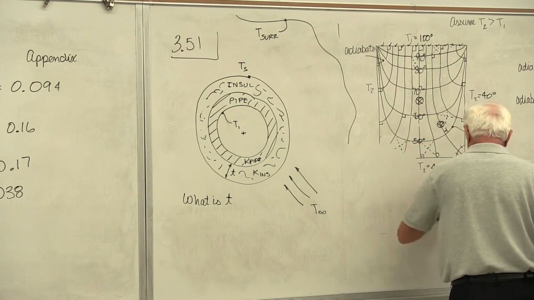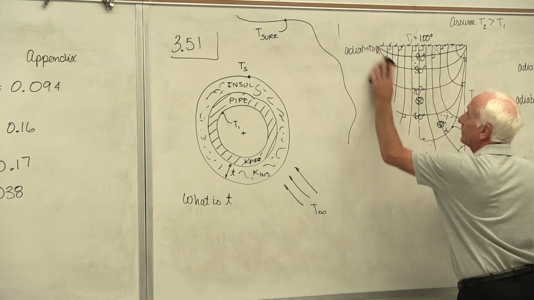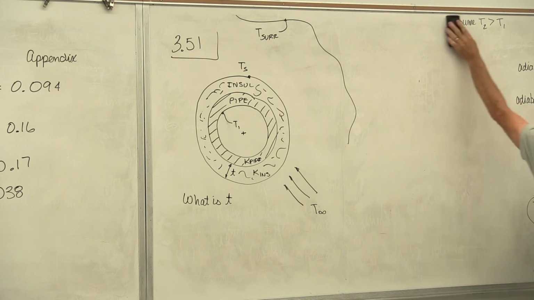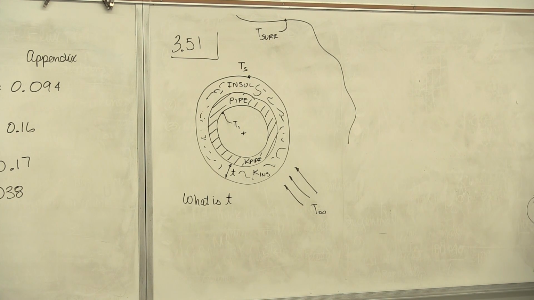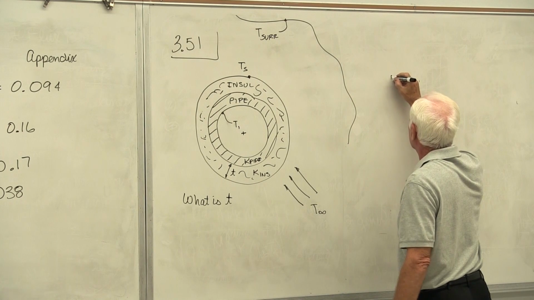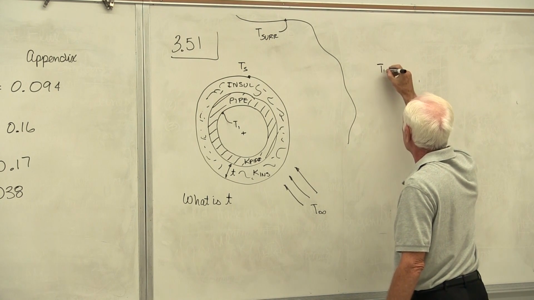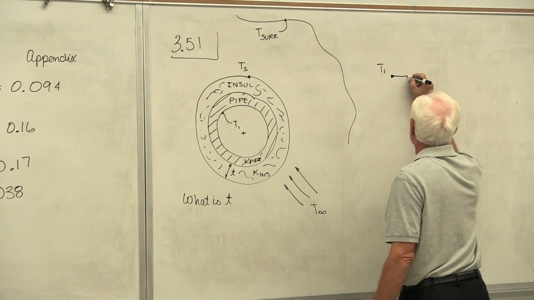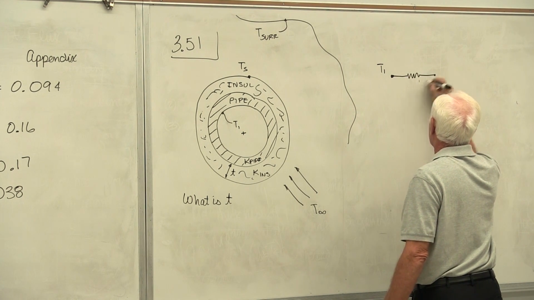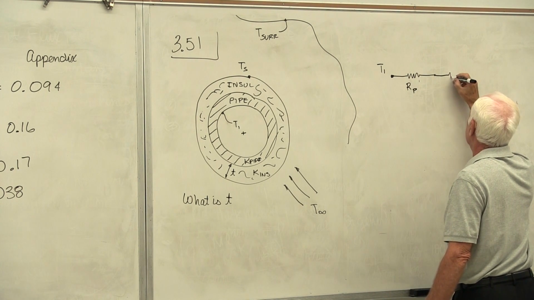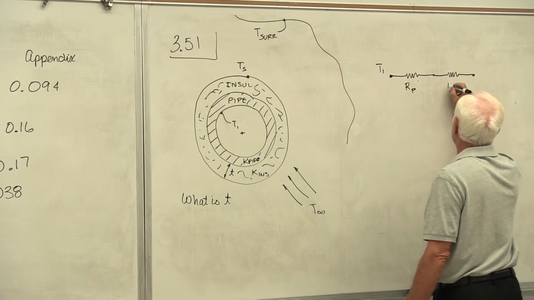Okay, we can then construct a thermal network from that with resistances. We'll start off with the hot side, T1. Our first resistance is the pipe resistance. Our second resistance is the insulation resistance.